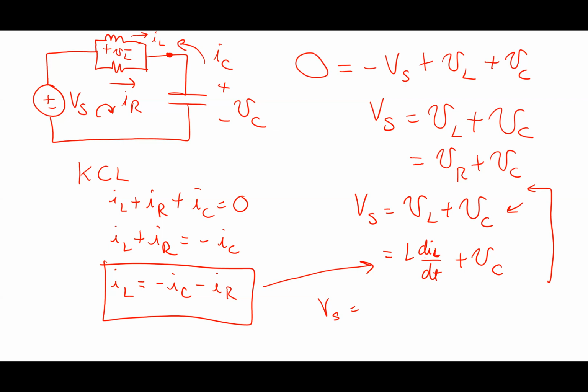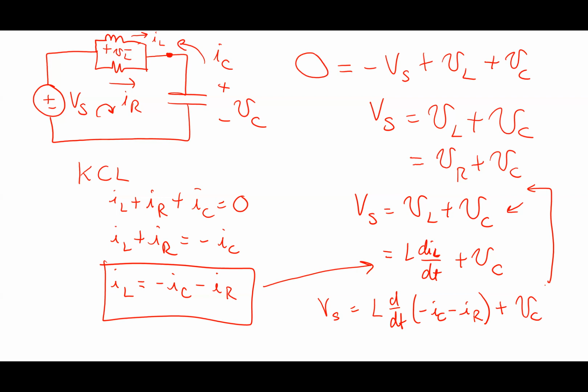I just put L d by dt of negative I sub C, negative I sub R, plus V sub C, like that. You guys with me there? Does that help me in any way?